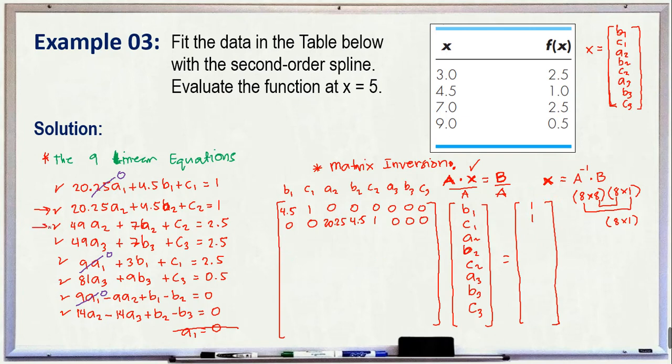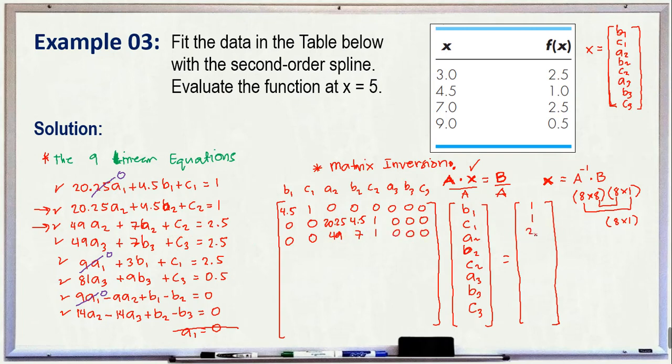So next, row 3. We don't have B1, so 0. C1, none either. A2, we have 49. Our B2 is 7. Our C2 is 1. Here it's 0, 0, 0.